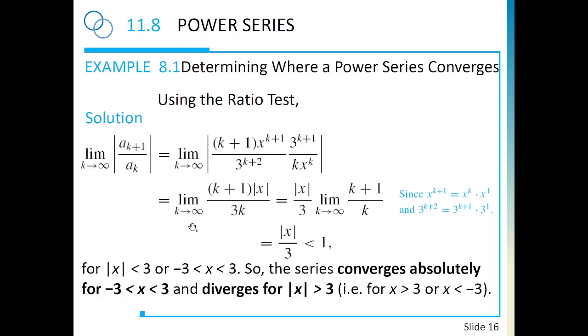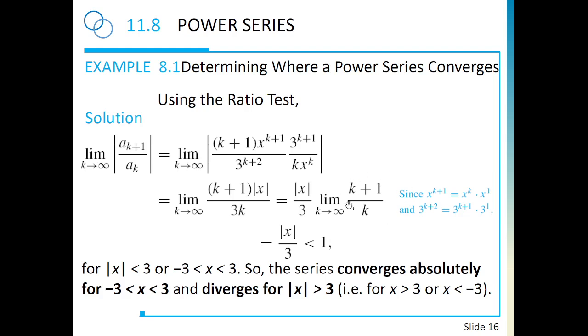Now what matters here is to realize that the limit is with respect to k. Okay, so x and 3, they don't depend on k, so they can be taken outside of the limit, so it's easier to see what's happening because limit is on k. So what matters is what's the behavior of the expression when k goes to infinity. Nobody cares as of now for x yet.